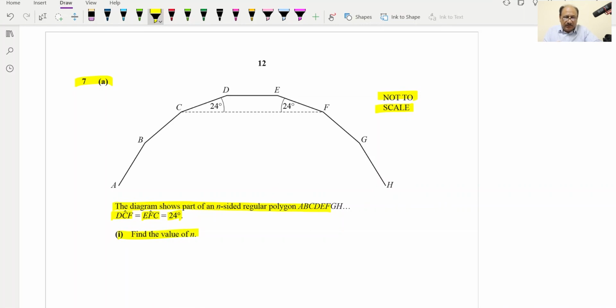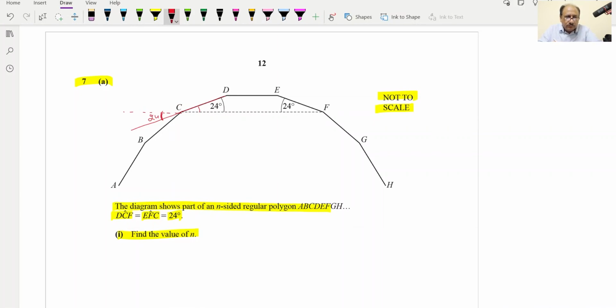So exterior angle, how will we check the exterior angle? I will draw a line, like for example this one. This will be a straight line. If we draw this one, so this is 24, because this is 24, this will be 24, and this complete angle is basically 180, and the exterior angle is this much, which is 24.